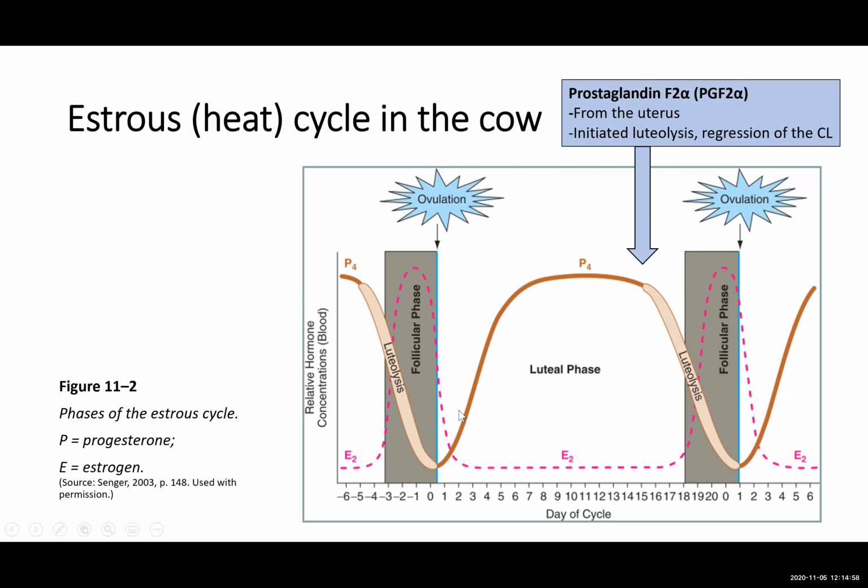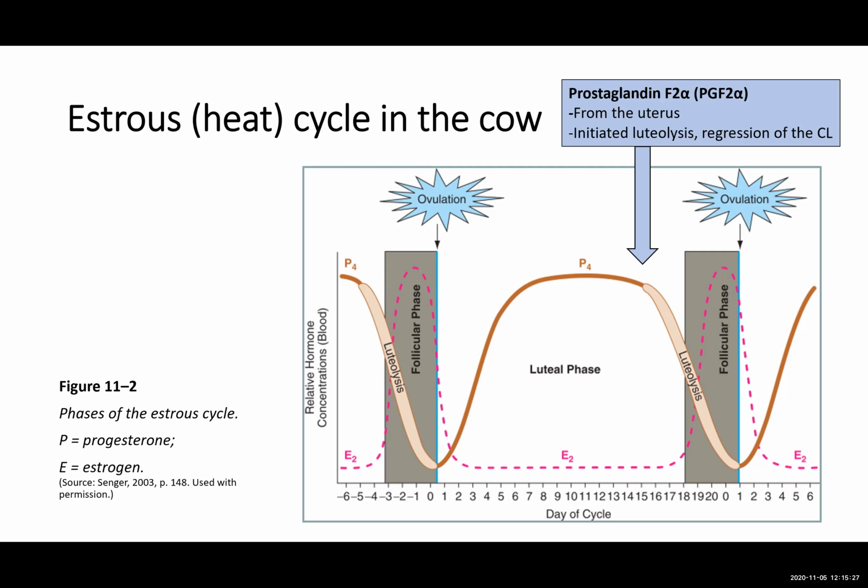The corpus luteum is present, producing progesterone, it increases, and then it gets the signal from the uterus, prostaglandin F2 alpha, which basically tells it to die. And so it'll die so that the follicles from the next phase can dominate, estrogen can rise, and ovulation can occur again. And this keeps happening over and over and over again.